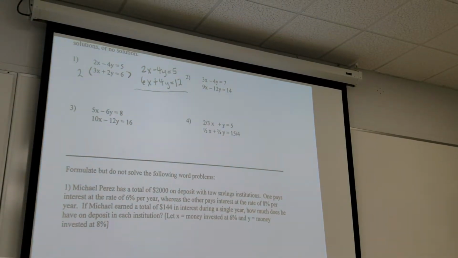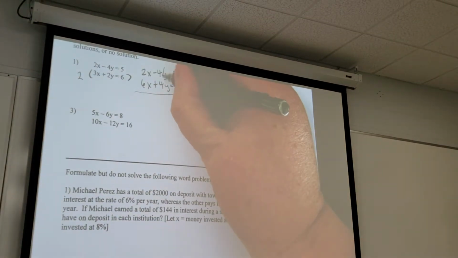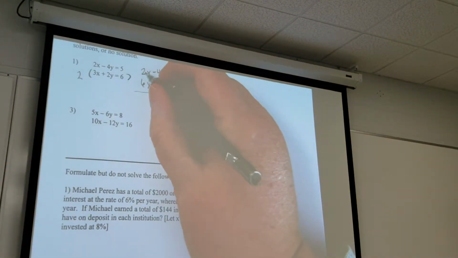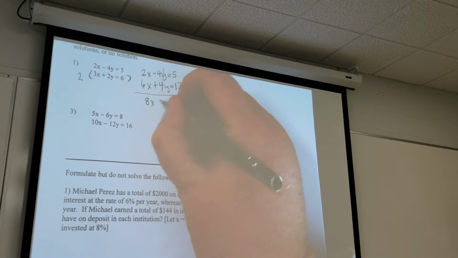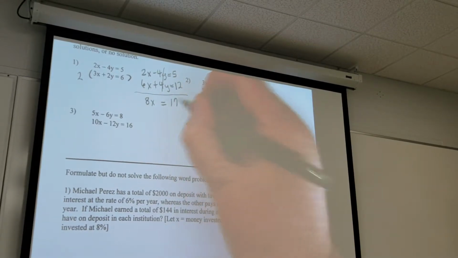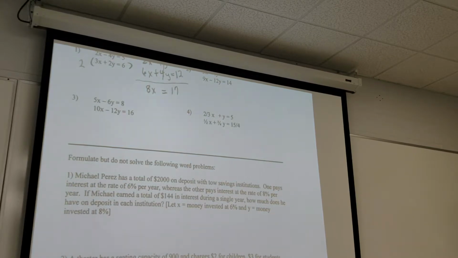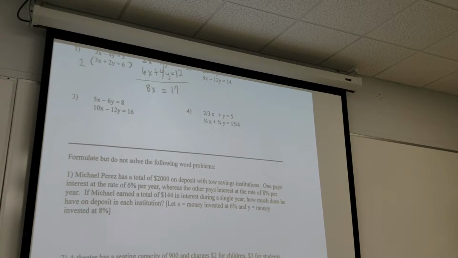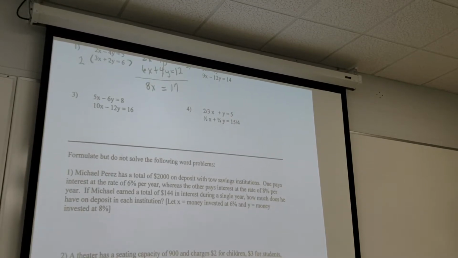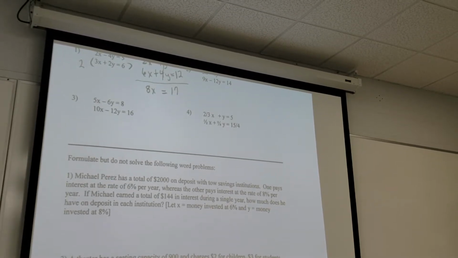All right, if I get rid of my y's, I will have 8x equal to 17. Now, all I want to know is, will I get a value for x? Can I divide by some number to get x totally by itself?